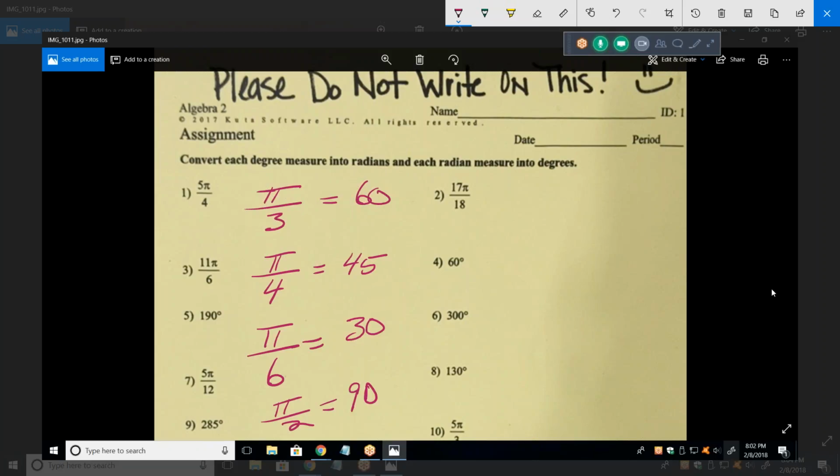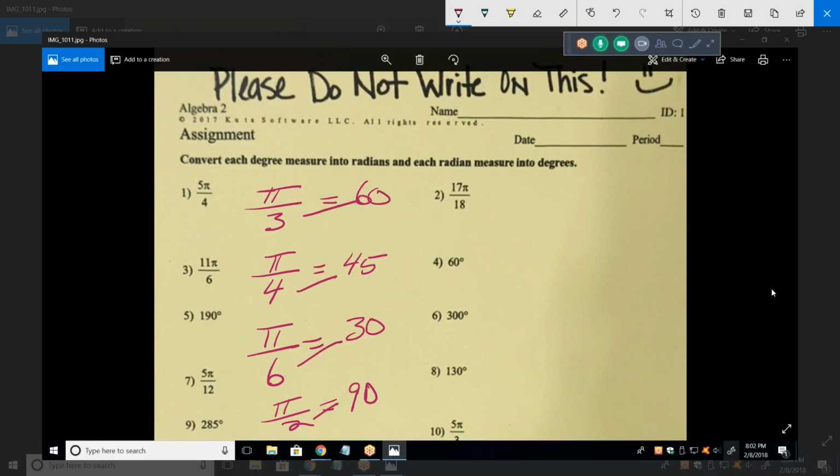Now, notice what all of these share in common. That times that is 180. That times that is 180. That times that is 180, and that times that is 180. And you should memorize these four anyway.